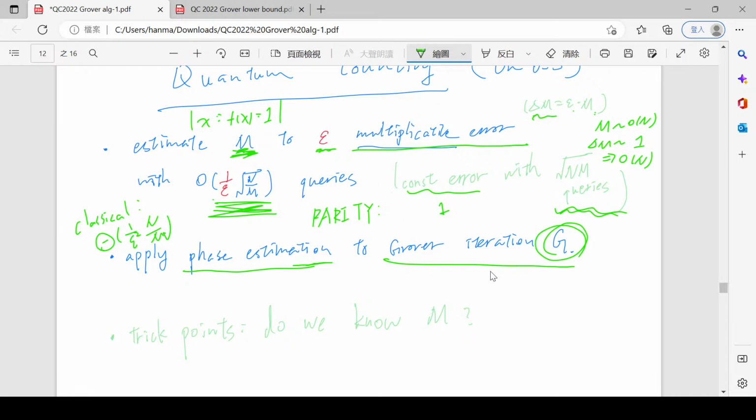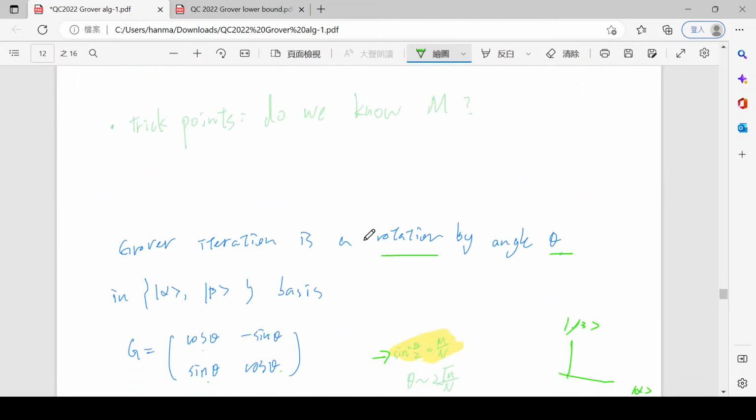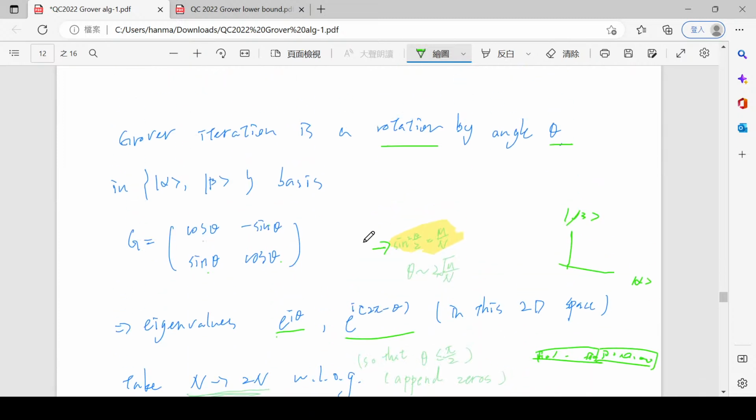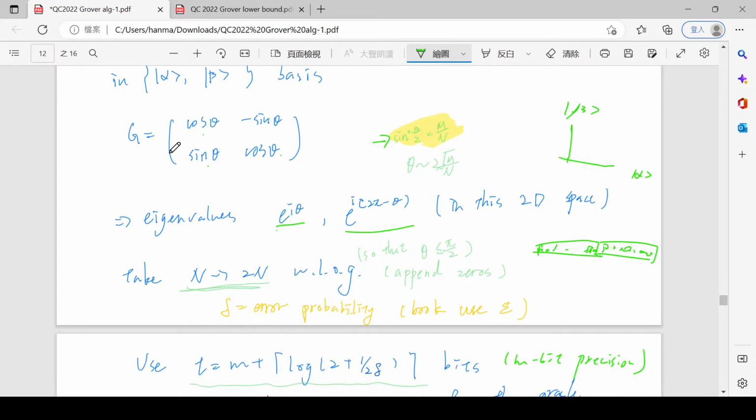You use phase estimation on our Grover iteration, because you can show that our Grover iteration is just a rotation on a two-dimensional space, and it's not too hard to convince yourself that when you write down the unitary matrix of a rotation, it's the sine cosine matrix, and you can easily calculate its eigenvalue, and it's going to be e to the i 2 pi theta.